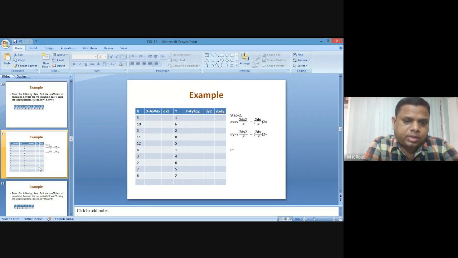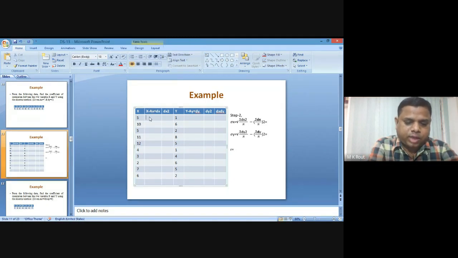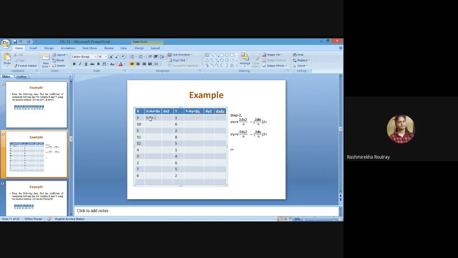The deviation for the X series, dx, equals X minus the assumed mean of the X series. Here the assumed mean is given as 7. That means 5 minus 7. For the first row, 5 minus 7 equals minus 2.